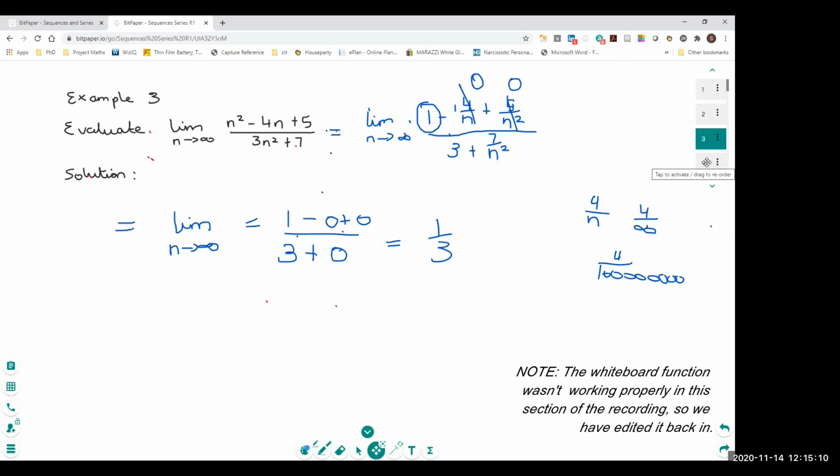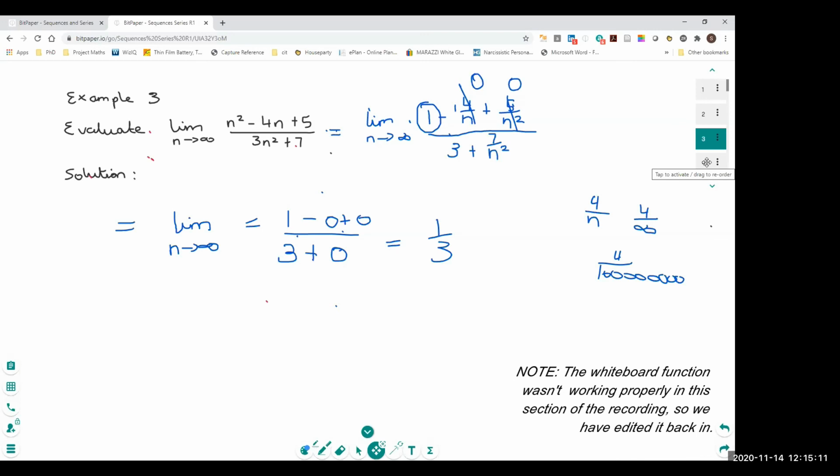So they actually end up having a limit of 0. Under the line, we have 1 minus 0 plus 0. And under the line, what's the limit of 3 as n approaches infinity? Well, 3 has nothing to do with n, it's just 3, so it stays at 3. And then what's the limit of 7 over n squared as n approaches infinity?